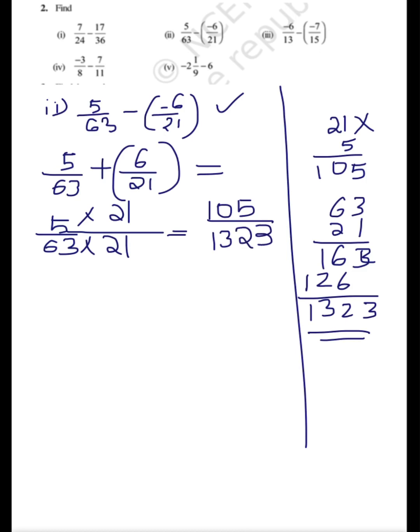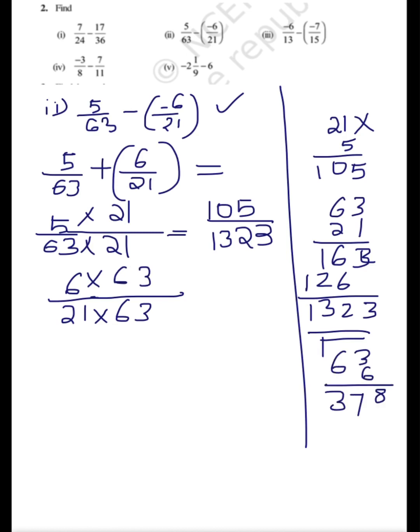Now the next number is 6 by 21, and here also you have to multiply with the denominator of the first, which is 63. Now what is 63 into 6? 378. So 378 divided by 21 into 63 is the same, that is 1323.